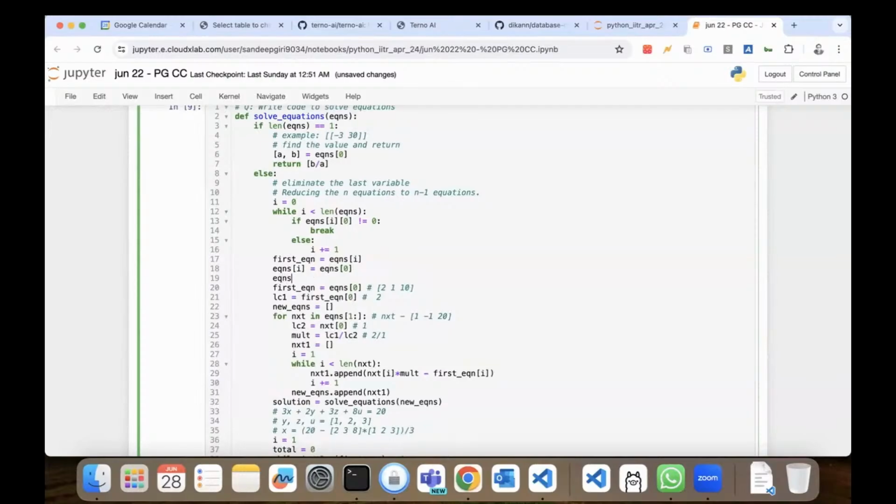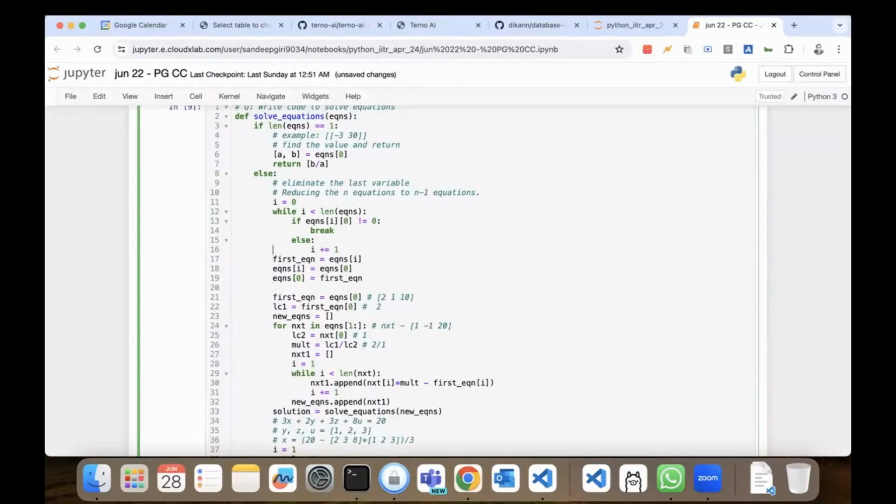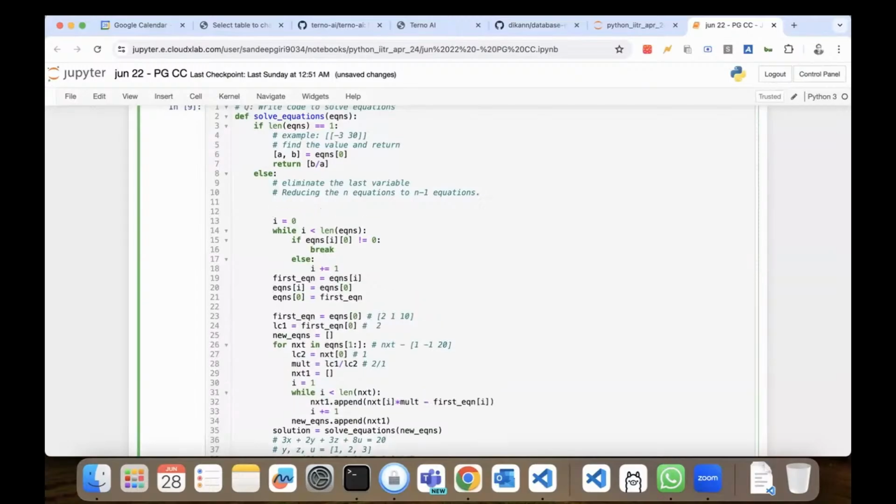And we will put eqs 0th equals first equation. So here what's happening is we are saying find the equation where the first coefficient isn't 0, and swap it with the first equation. That's it.